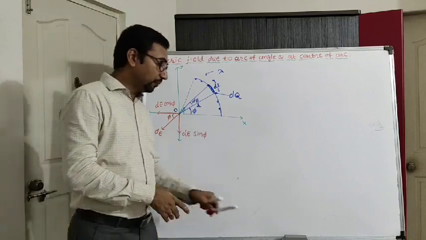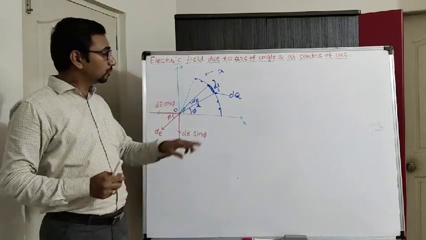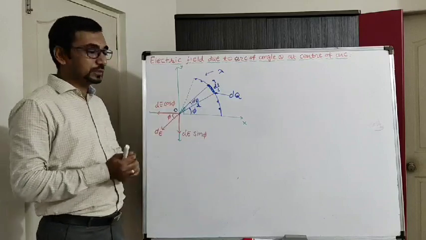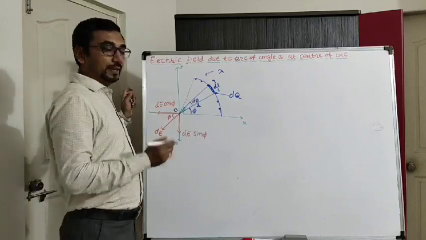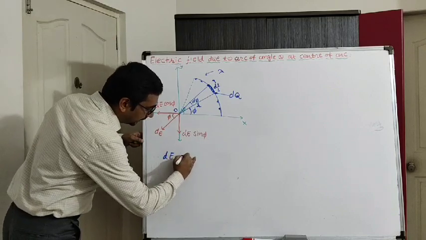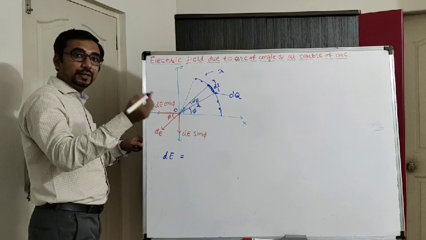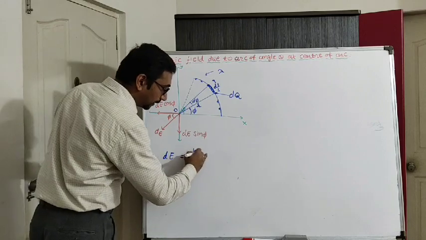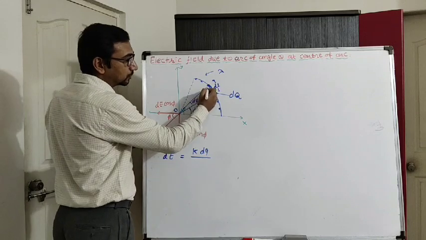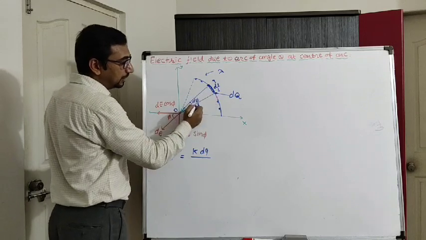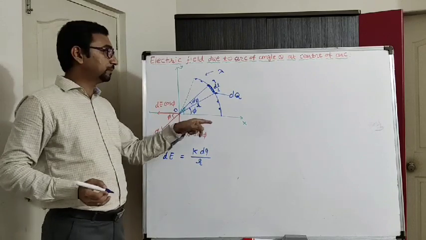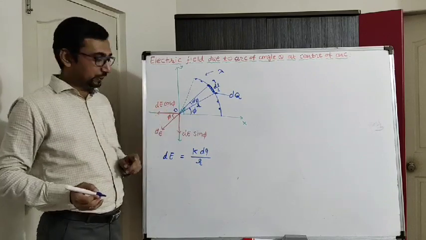So now if we want to find the total electric field produced by this wire at point O, first we will have to start with a small segment and find the magnitude of the electric field. So here dE is equal to K dq upon r square, according to Coulomb's law. r is the distance of this segment from this point, which is the radius of this particular curve, so it is constant.